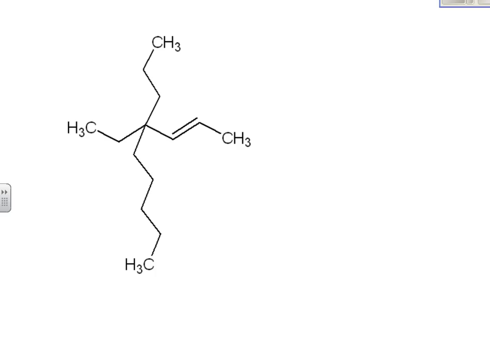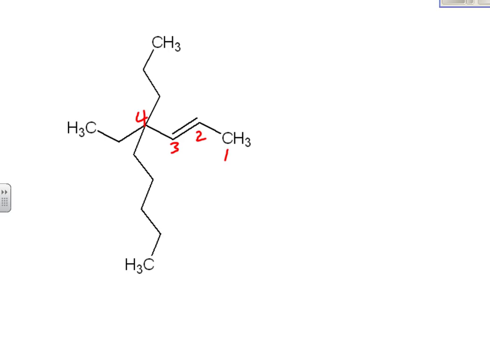Okay, this one again, it just becomes kind of a numbering nightmare here. If we try to number the double bond as low as possible, we want to start over on the right. So we do 1, 2, 3, 4. Now at that fourth one, we've got 3 different ways that we could go. We could go up, left, or down.